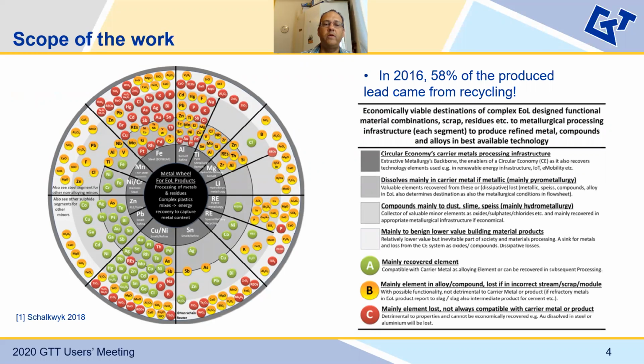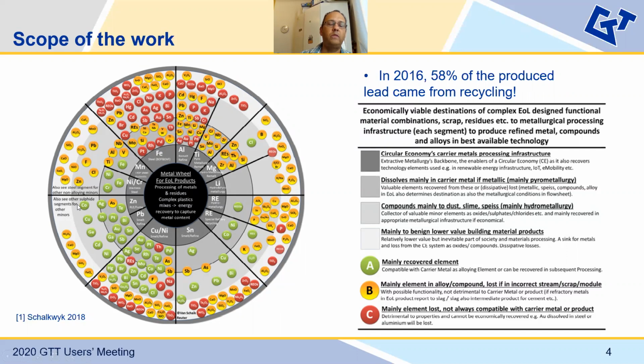Why are we focusing on lead as a primary metal? The first reason is that lead is one of the most recycled metals. The second reason is because, according to the so-called metal wheel, many secondary metals can be recycled in association with the extractive metallurgy of lead.